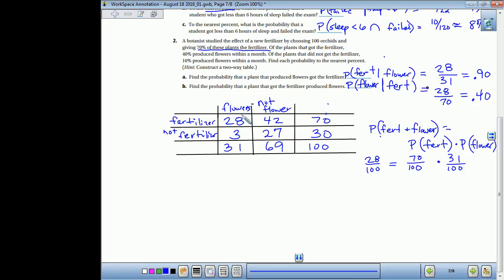That the intersection is equal to the product of the two individual probabilities? The probability of A and B is equal to the probability of A times the probability of B if we have independent events. So if they're equal, then it means they're independent? Yes. If they're equal, we have proven independence. If they're not equal, we have not proven independence. Could be, but we didn't prove it.